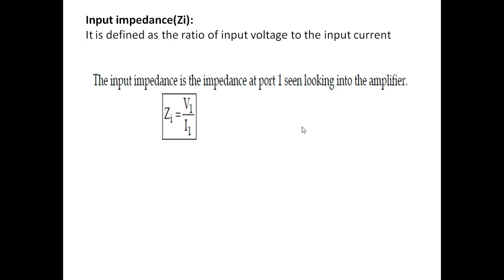Both are the same, of course, but the resistance quantity is taken when we deal with DC signals.